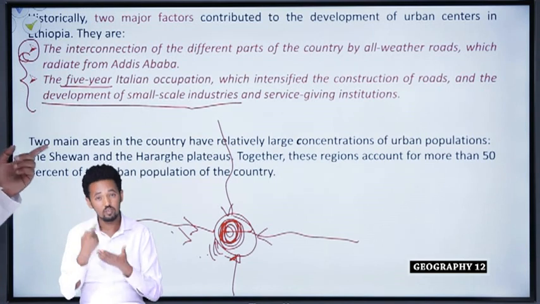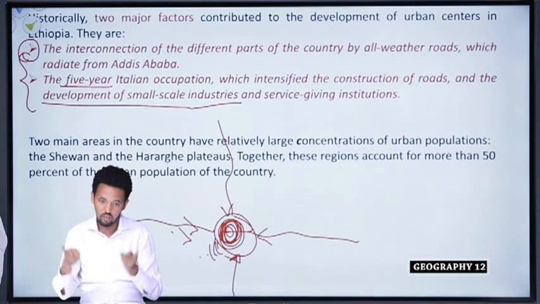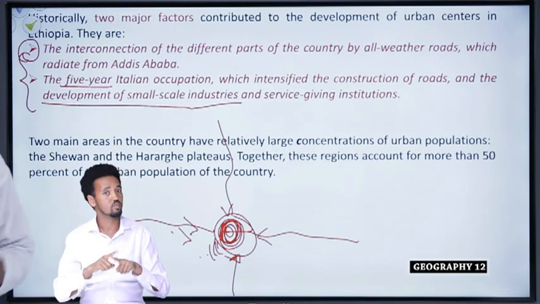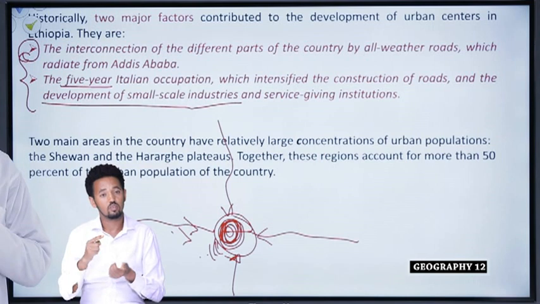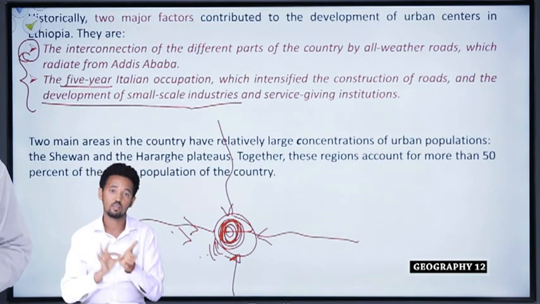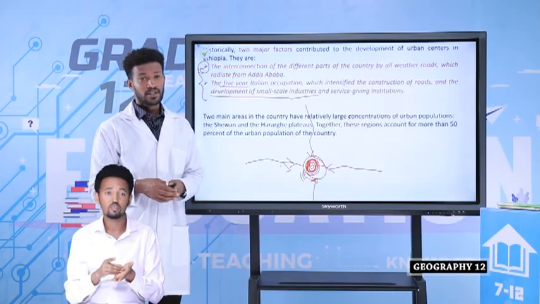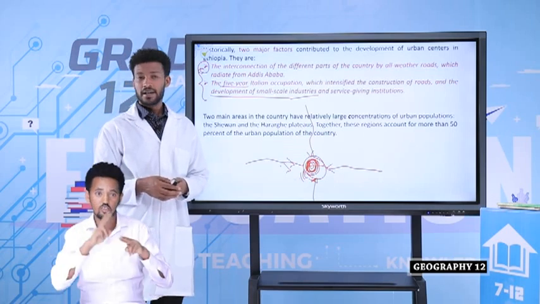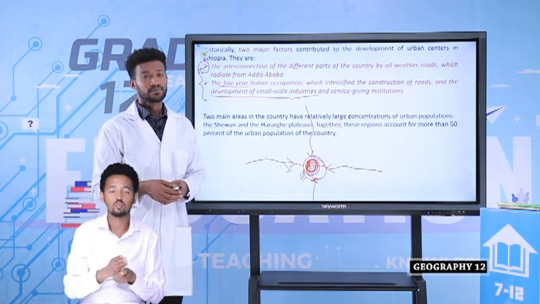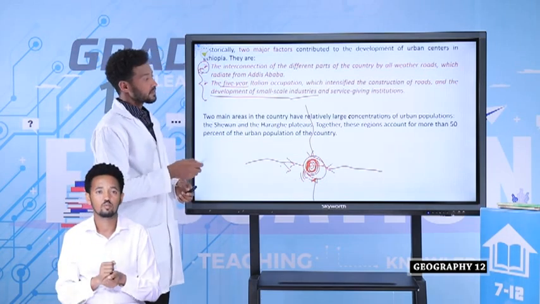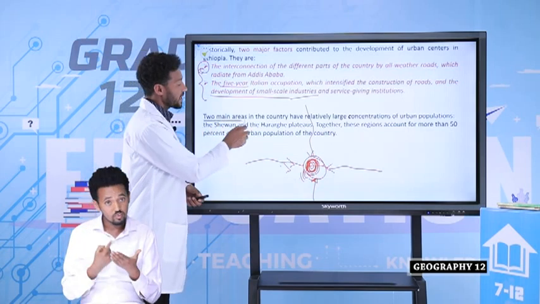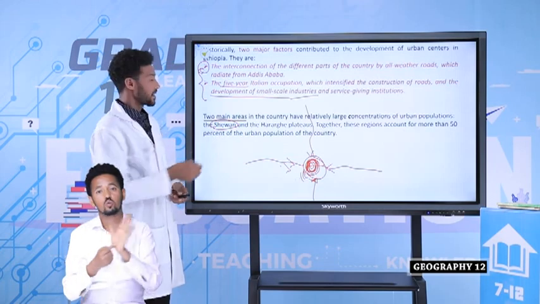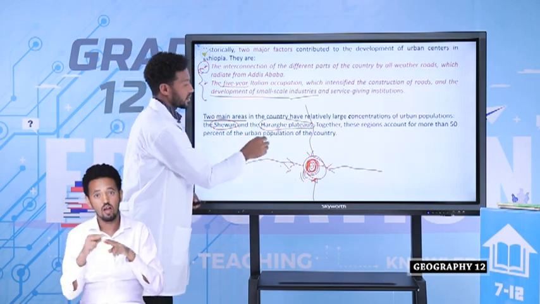Based on this, two main areas in the country have a relatively large concentration of urban population. That means there are areas which have a high number of urban population and areas with a small number of urban population, or large urban settlers and small urban settlers. From these, Shewa is the first one and Hararghe the second one.